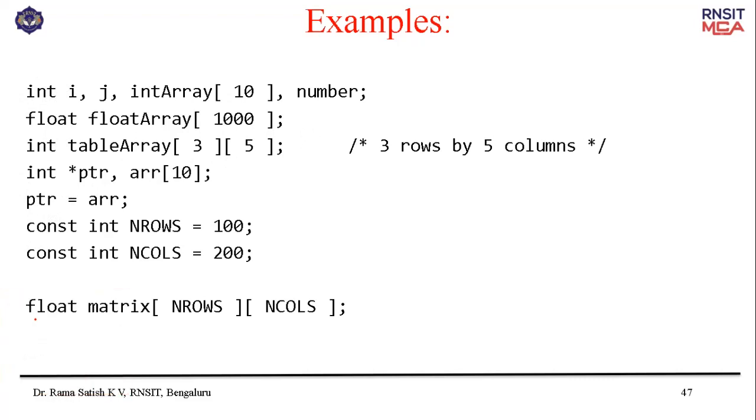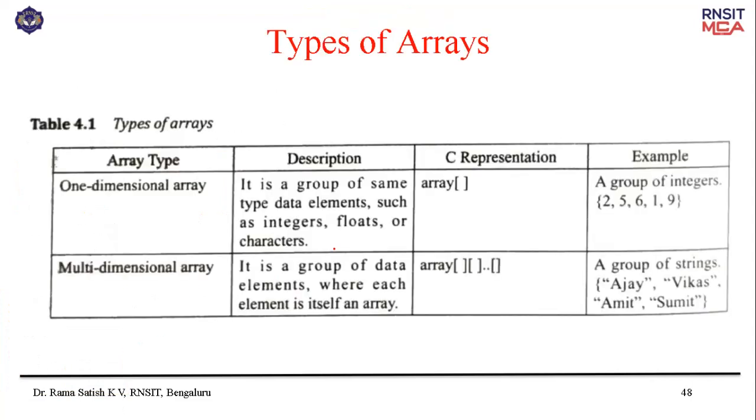We have created a pointer and an array of size 10, and the first array element is nothing but ARR. The name of the array itself points to the first array element, and it is being pointed to by PTR. And of course, array element sizes are constant.